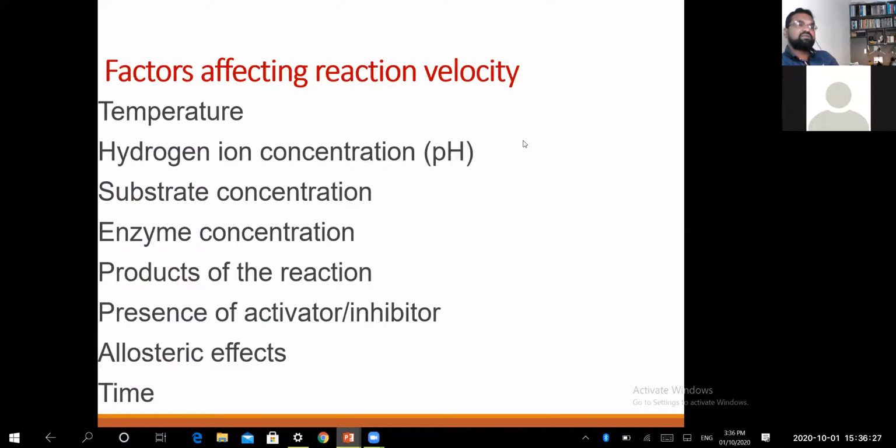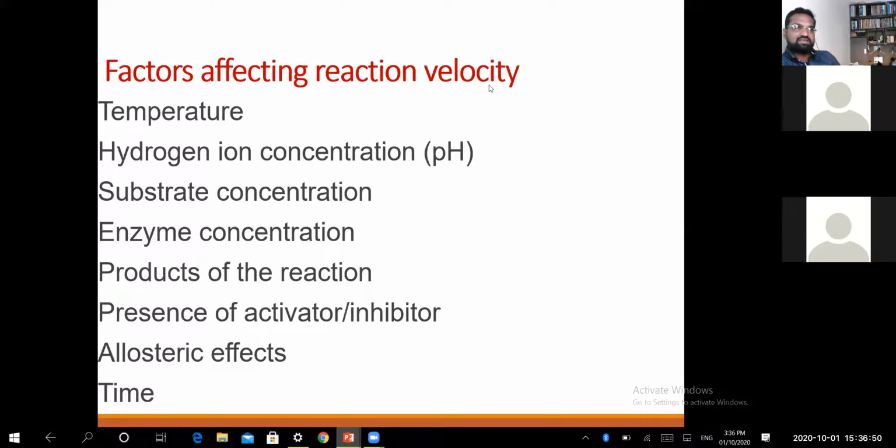The next thing, the factors affecting the activity of the enzyme. When we refer to the activity of an enzyme, we have said that an enzyme is a biocatalyst which accelerates the rate of reaction. Rate of reaction means the velocity at which the reaction is taking place.